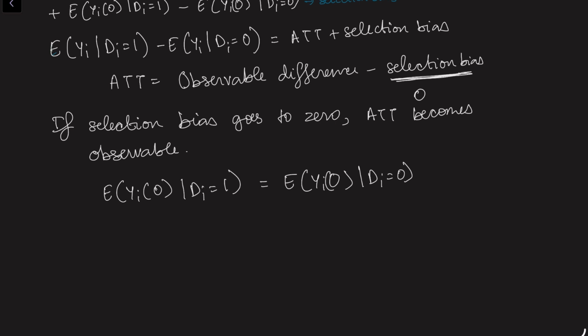Your potential outcome in the counterfactual would have remained the same whether you are in treatment or not. No matter if you're in treatment or not, your potential outcome had you not been treated would have been the same.